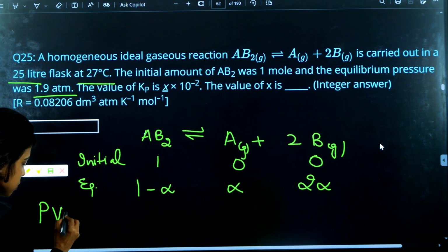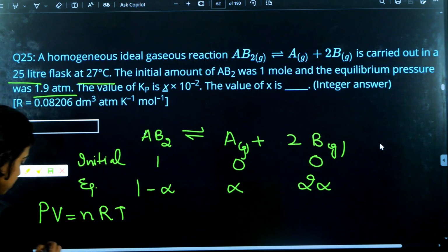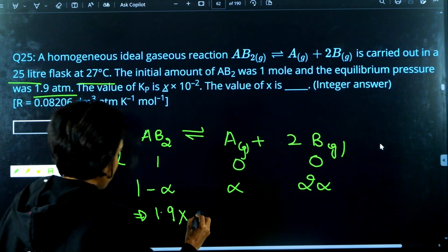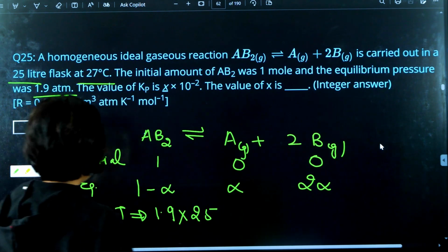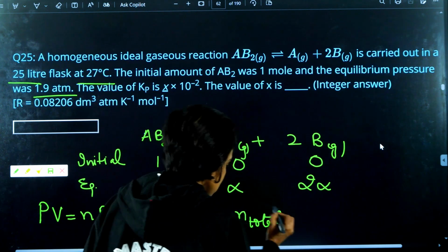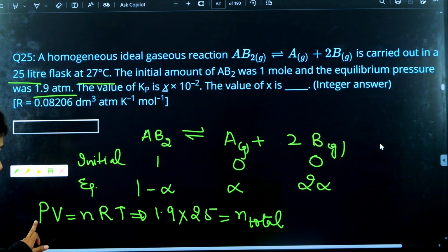I will use PV equals nRT at equilibrium. Pressure is given, 1.9. Volume is given, 25. N is the total moles at equilibrium, because P is the equilibrium pressure.